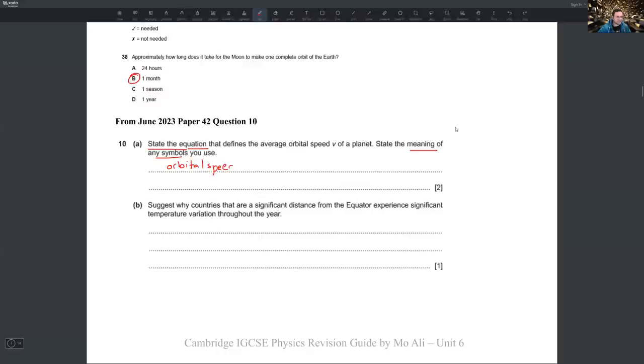So I say orbital speed equals 2 pi, of course I can't explain what pi is, he knows that, times the orbital radius or orbital distance, over orbital period. That's how we define these quantities. You can say orbital distance, that also works.